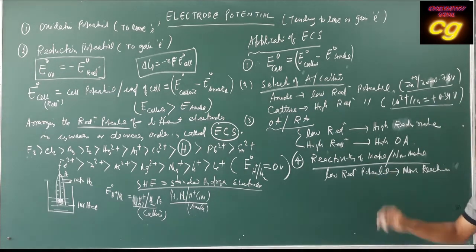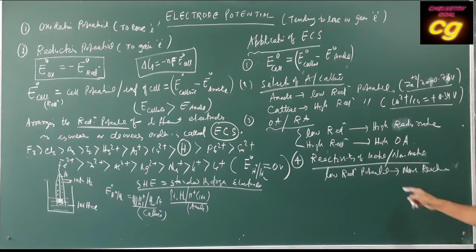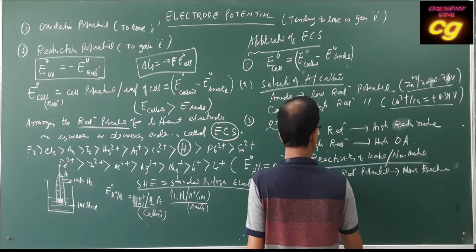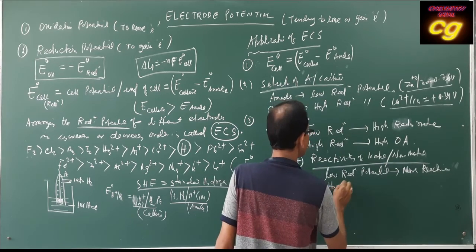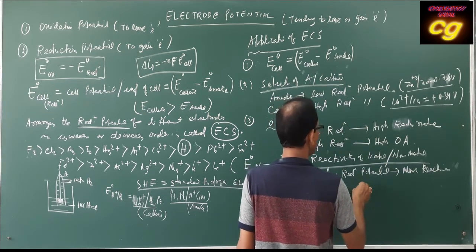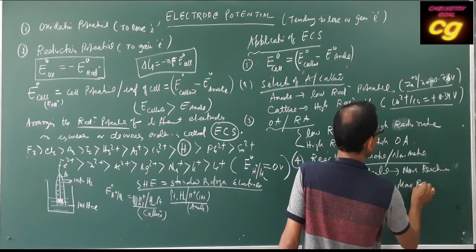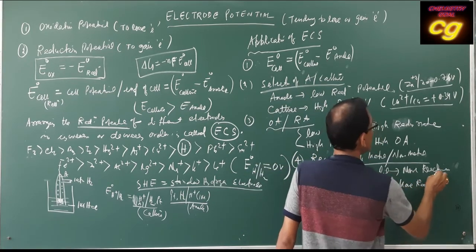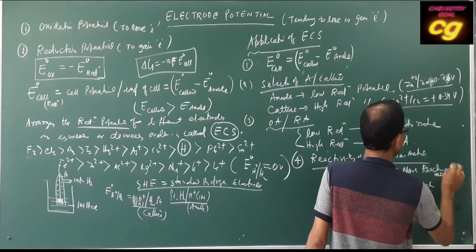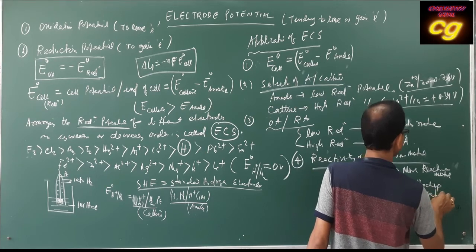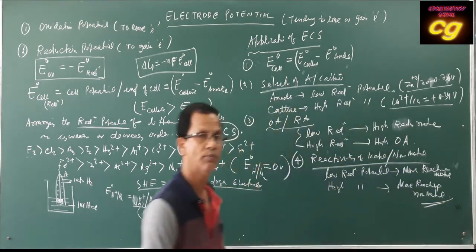Low reduction potential means high tendency to lose, so more reactive metals. High reduction potential means more reactive non-metals. The first is metals, this is non-metals. So this is a very important concept.